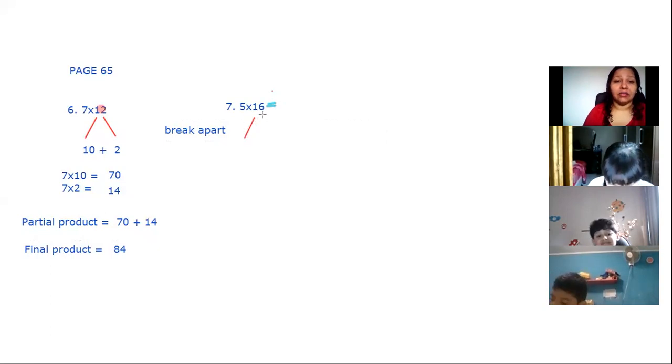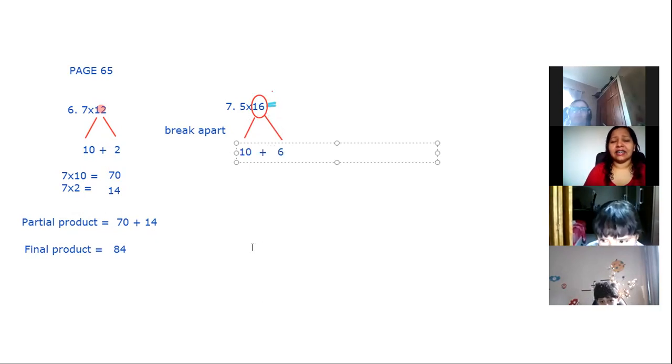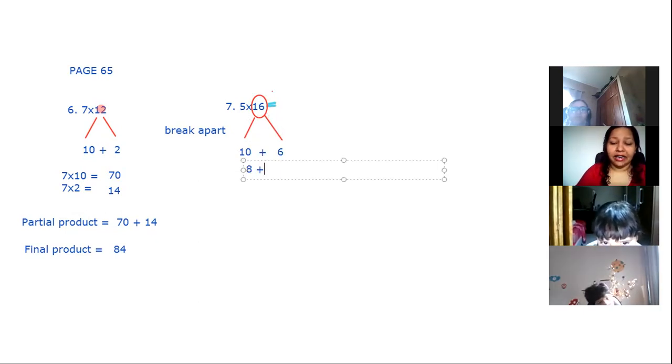So Lauren, look, I'm going to break apart this number, the 16. We're going to put 10 in here, and 6 in the other. You can have different options, Lauren. How can you break apart this number? Only in 10 and 6, or you can find another combination that is the same, right?